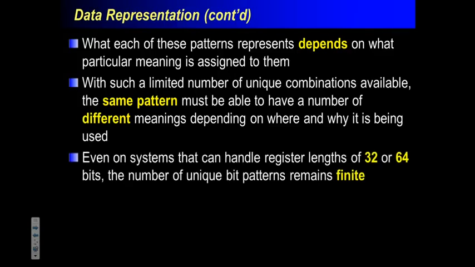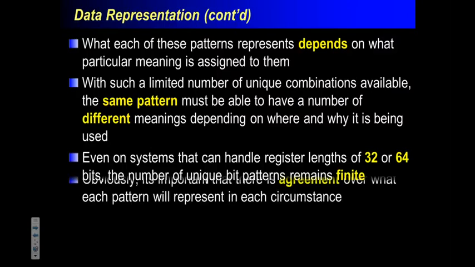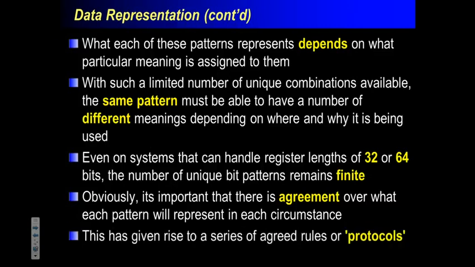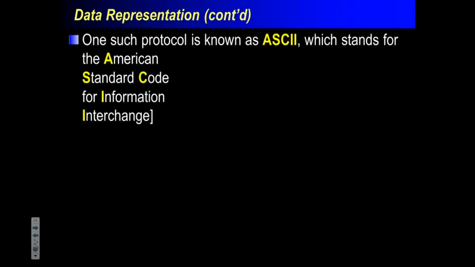If we expand that to 32 bits or 64 bits, then we have way more combinations that we can handle here, okay? What's important is that we all agree that a certain number of bits equates to, say, the letter C or the letter Q. Okay? Or the character exclamation point. So these are the protocols or the rules that the computer systems follow for representing these values.